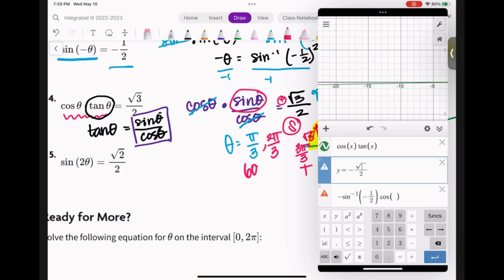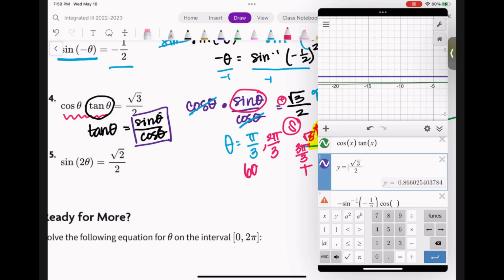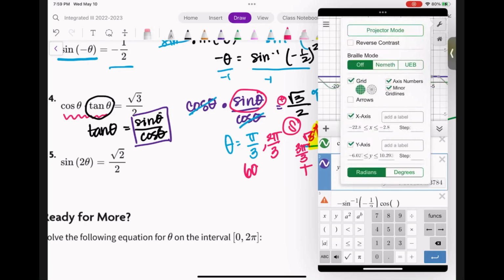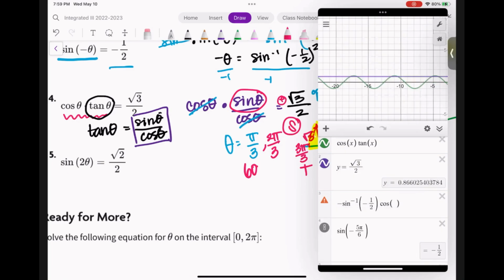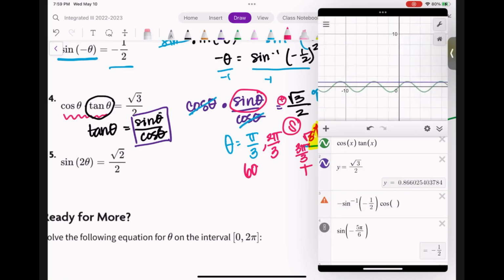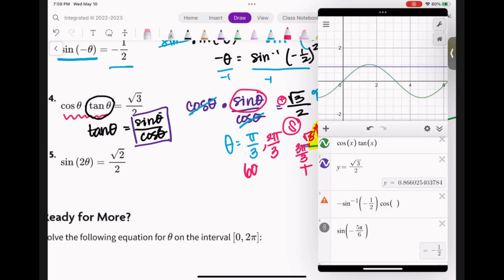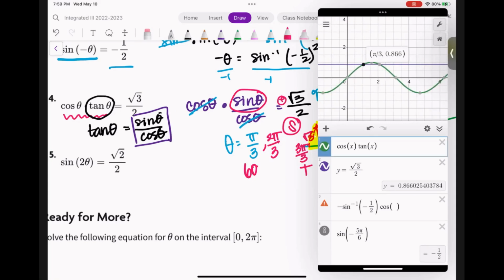So this is going to be square root of 3 over 2, but that's not it. And then we want to go back into radians, right? So now if you look, my first answer is pi over 3, and my second answer is 2 pi over 3. And that's exactly what we got right here, right?